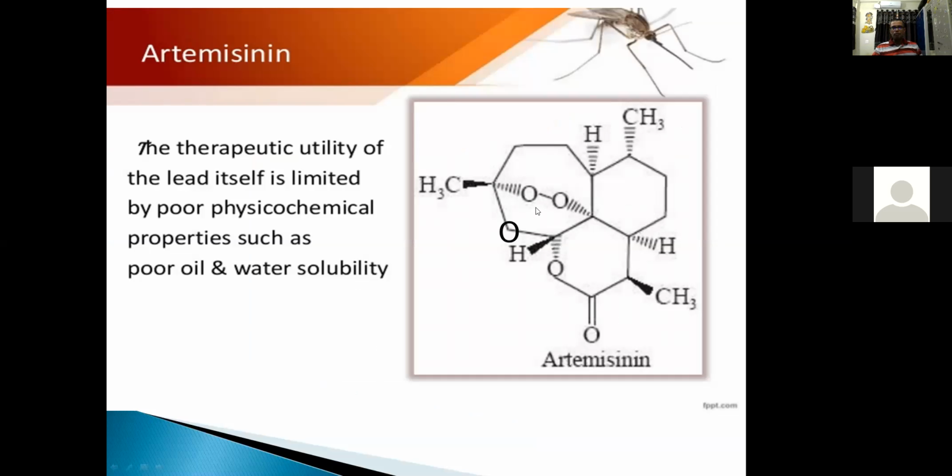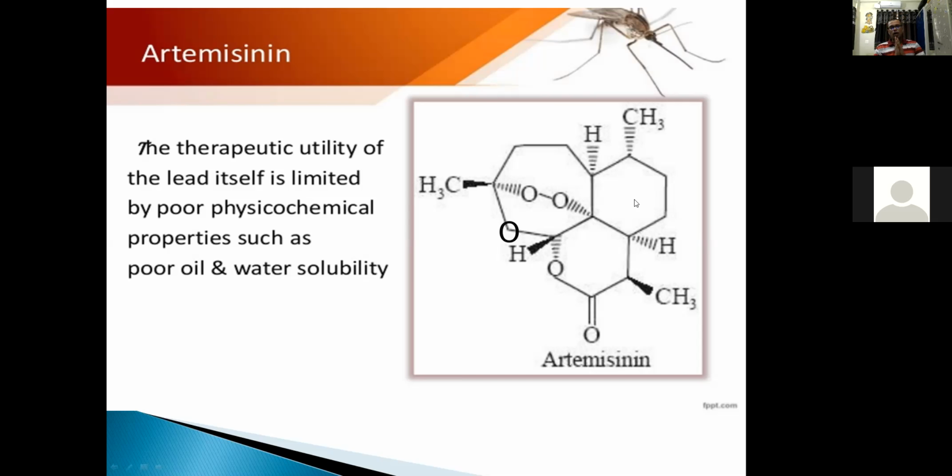It also contains a 6-membered lactone ring which is fused to a cyclohexane containing a methyl, and this is connected to a 7-membered ring.